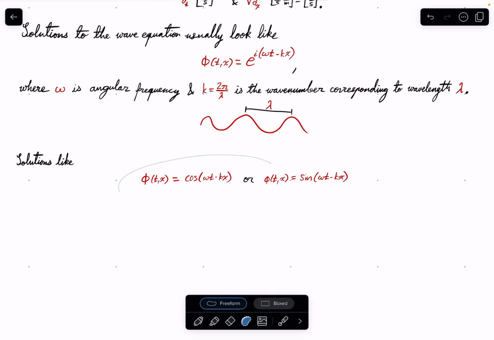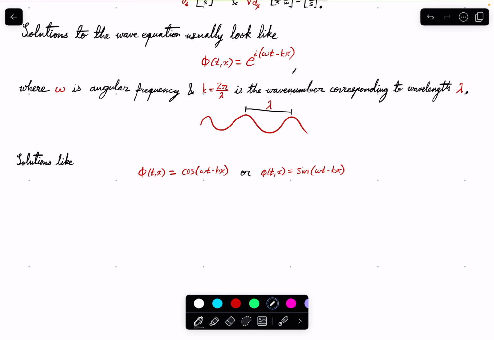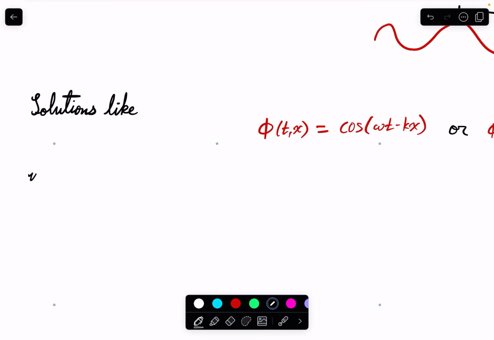So solutions like this work equally well.